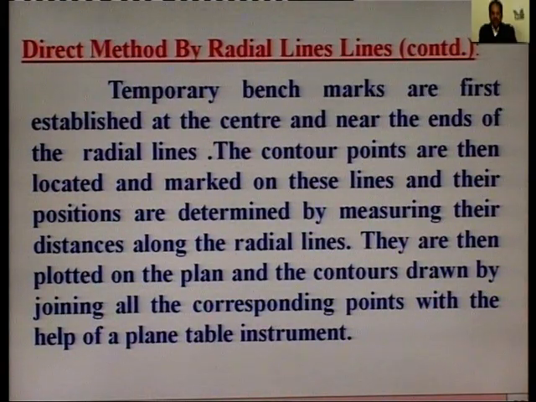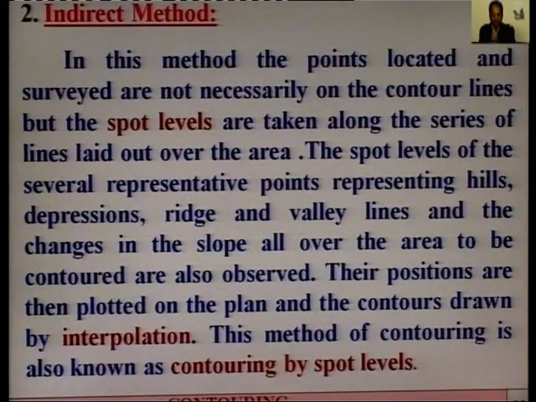They are then plotted on the plan and the contours drawn by joining all the corresponding points with the help of a plane table. In this way we conduct the radial line method of direct contouring. Now we come to the indirect method of contouring.